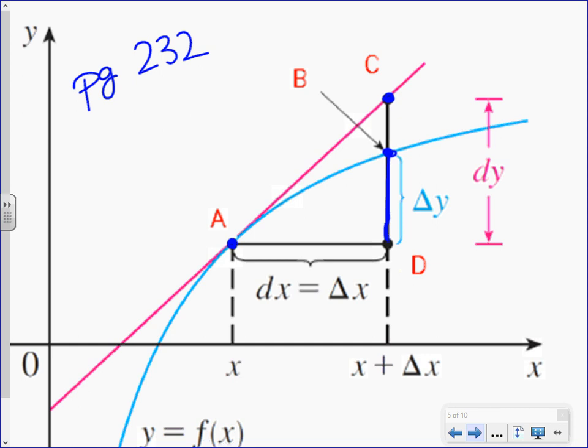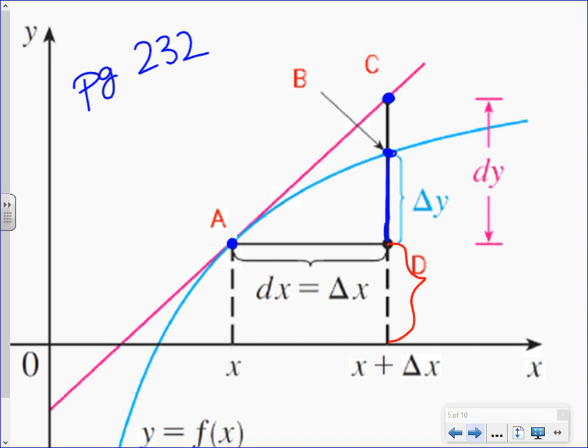We're going to know x, and we're going to know what the change in x is. And we're going to be able to use that tangent line to figure out what that height is right there, right? Here we go. Do we know what this height is right here?